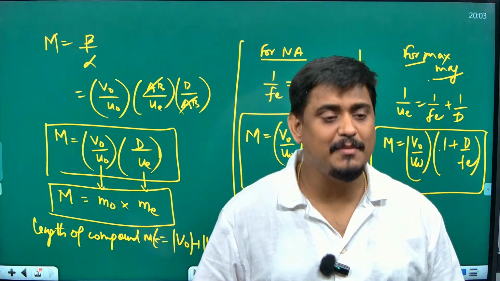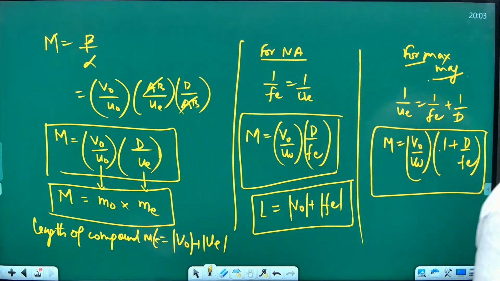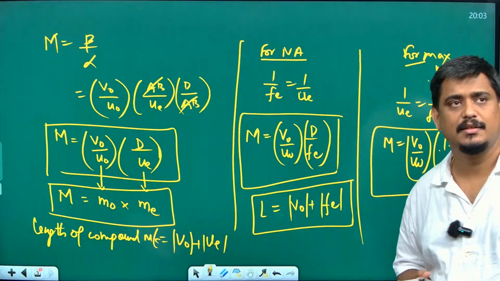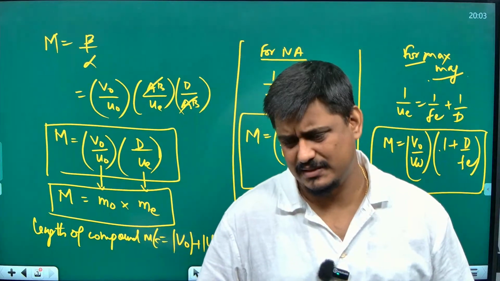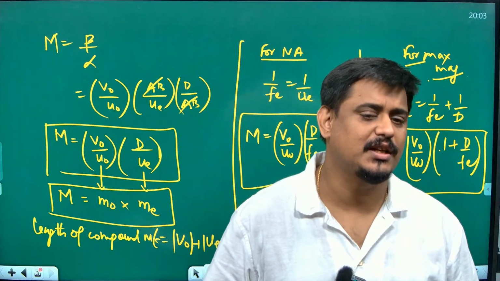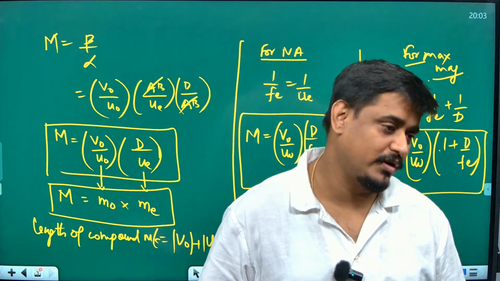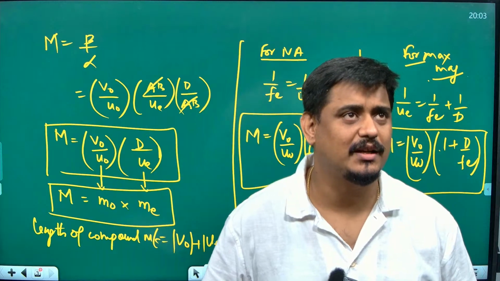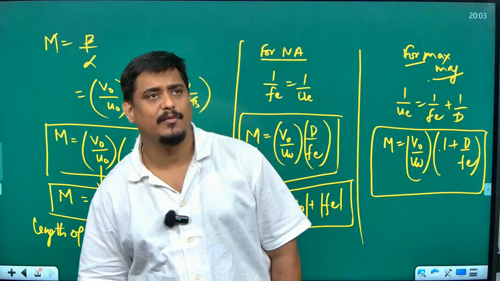If the final image is at infinite, what is the magnifying power? It is a question that has come in NEET exam. Don't think it is very tough. It can come in school exam also. The four options are 100, 200, 300 and 400.